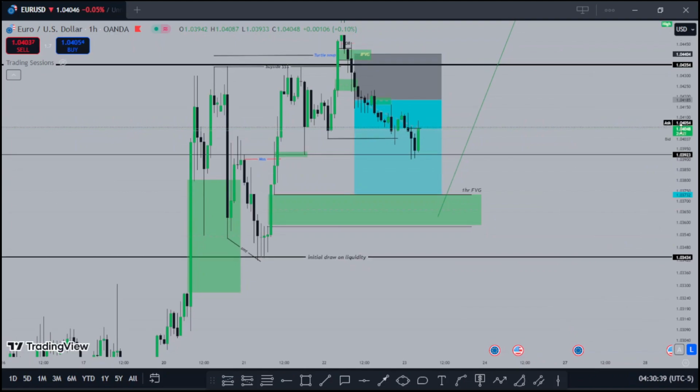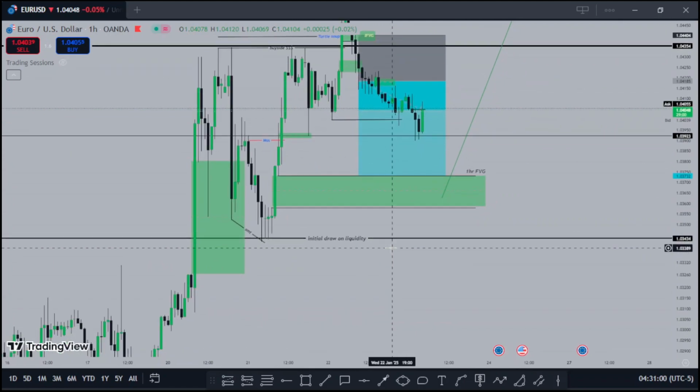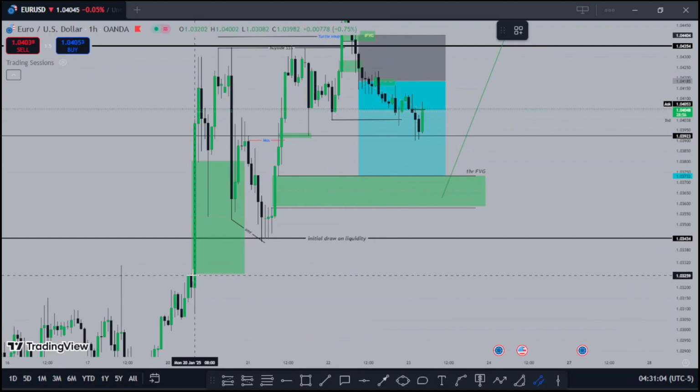I think price is going to come down, fill this fair value gap, and then continue the trend to buy, right? But my second thought is that price might go all the way to this initial draw on liquidity over here. There was liquidity over here, and then maybe it respects this order block over here.